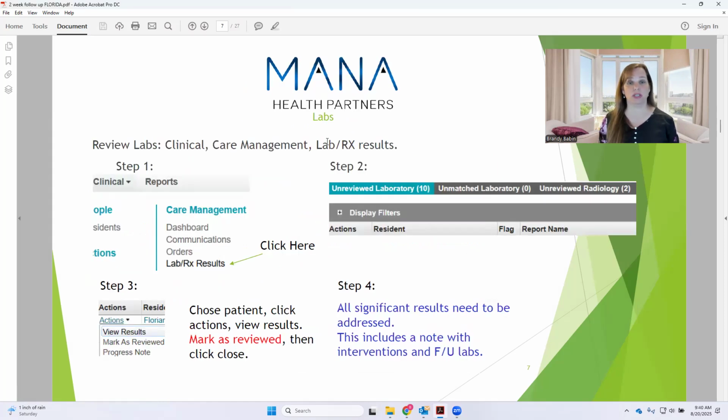Other things we said. So this is something that you could be working on as you're waiting for clinical meeting, or you can be working on during clinical meeting. But it is MANA nurse practitioner's responsibility to clear the labs out every single day.